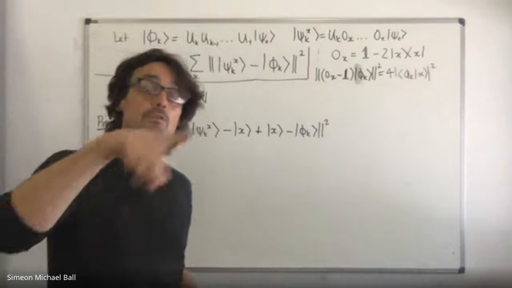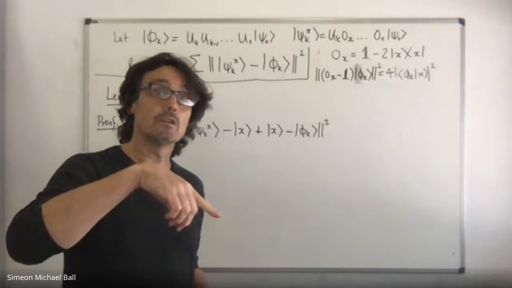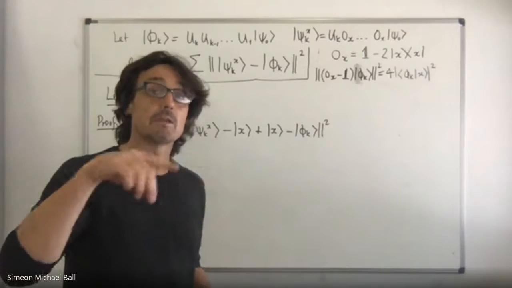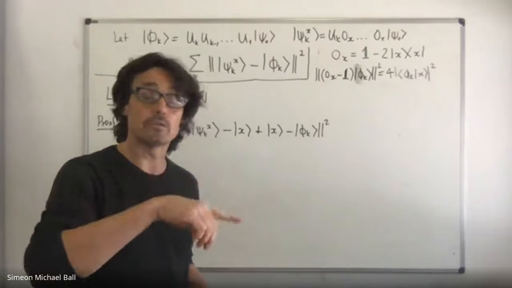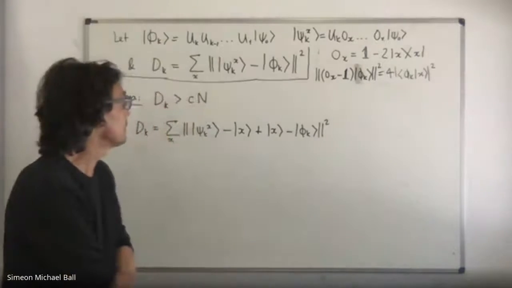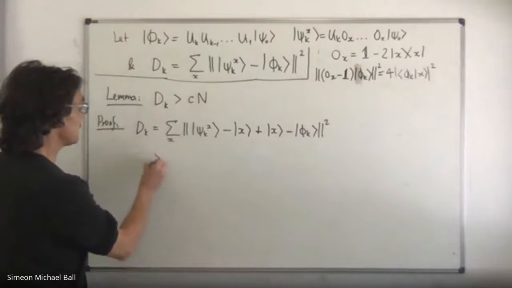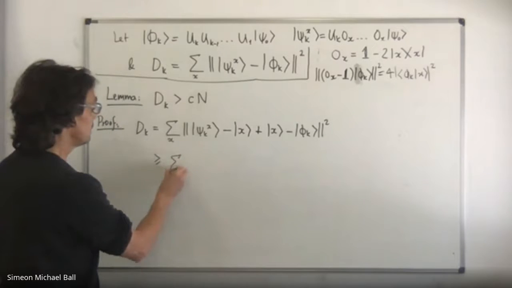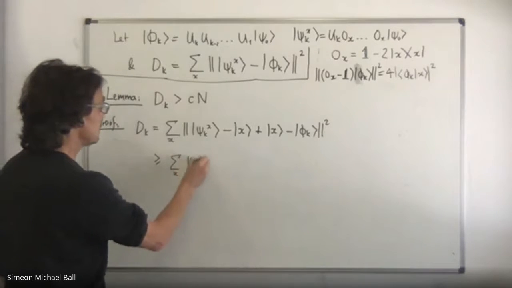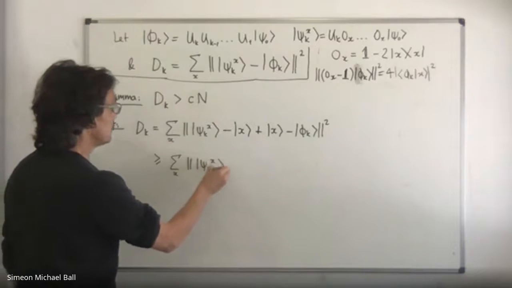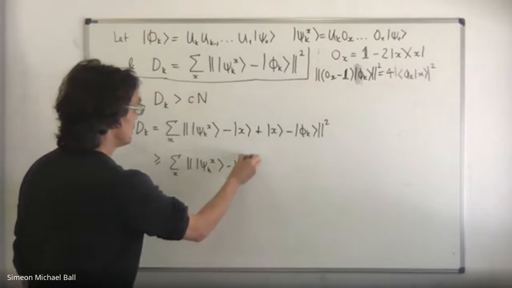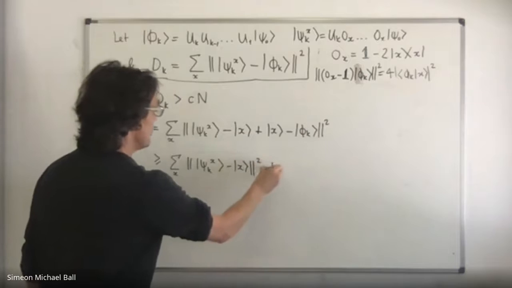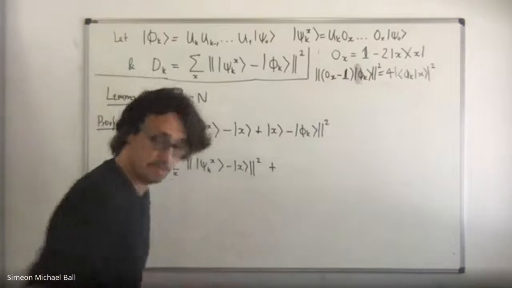And the bit where we use the upper bound on the z plus z bar, you can also use the lower bound, which would be bigger than minus twice the real part. And if you do that, then you'll get this squared minus twice.